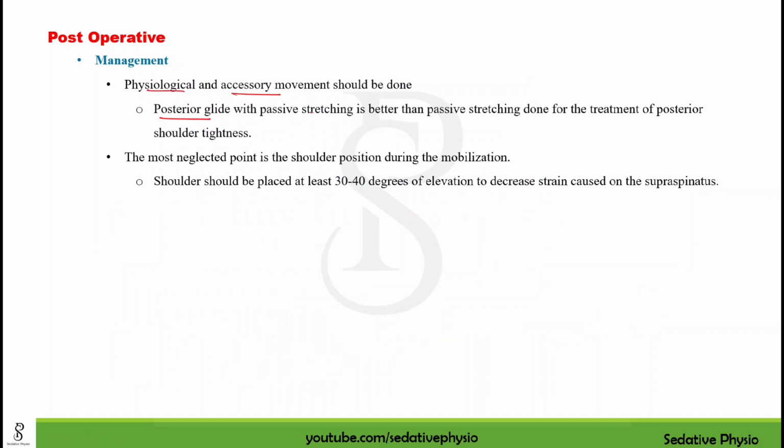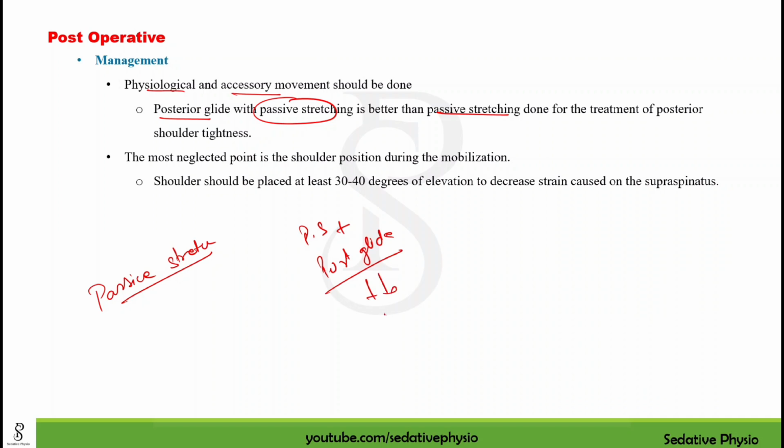Here, posterior glide with passive stretching is better than passive stretching alone. Now we have 2 points. First is just the passive stretching. Secondly we can go for the passive stretching plus posterior glide. Now if we see the result, this will show a better result as compared to just passive stretching.